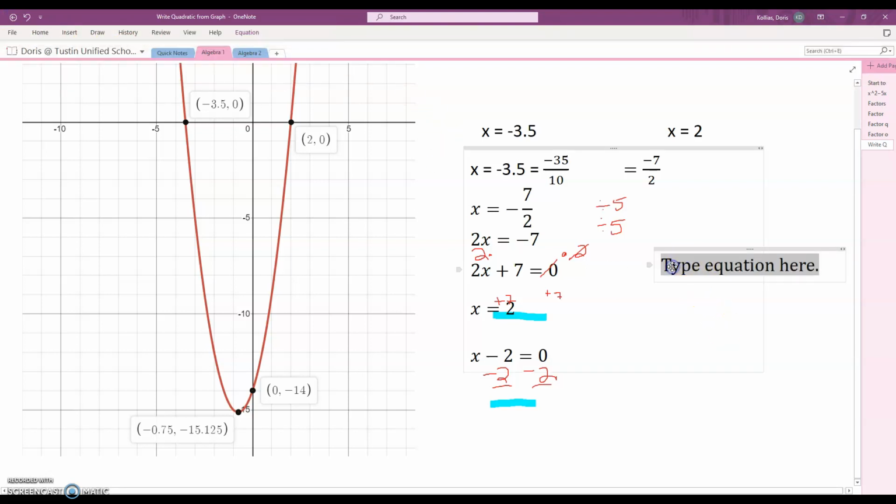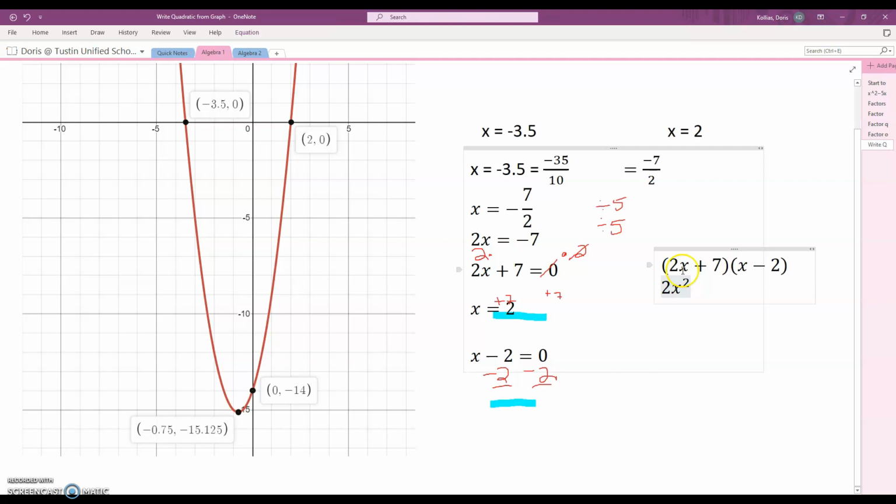All right, so what are we actually multiplying? We're multiplying 2x plus 7 with the x minus 2. Those were found from the two x-intercepts. So when we actually multiply those, we're going to do 2x times x, which gives us 2x squared, right?